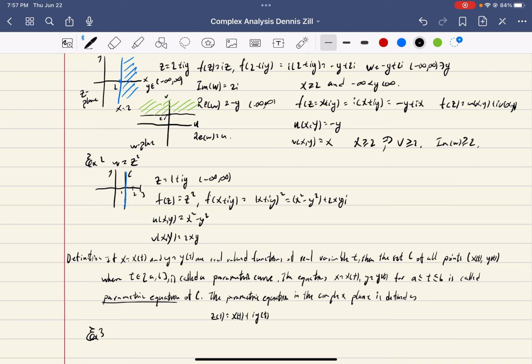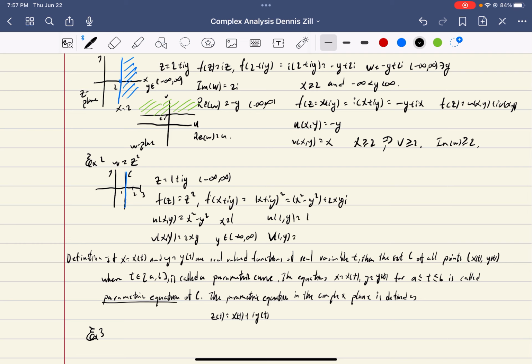right? However, we know that our x is restricted to 1, and y runs from negative infinity to positive infinity, and since x is restricted, we write it like this, right? This is v.